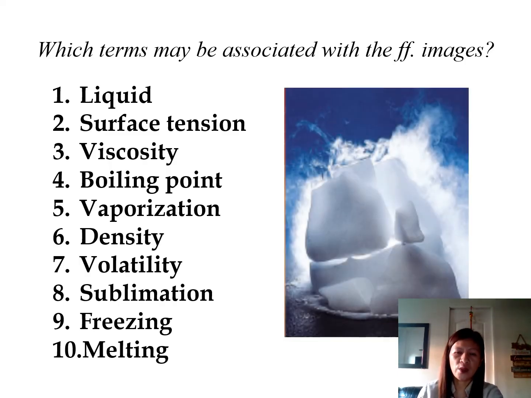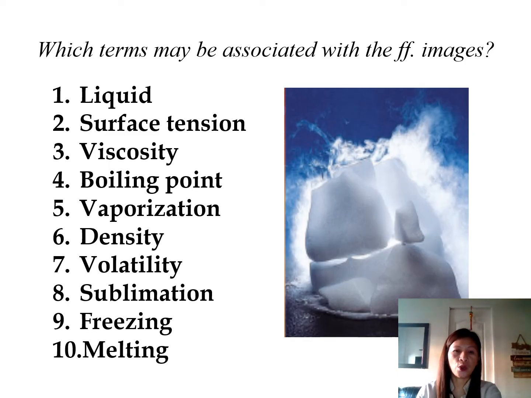Number 1, we have this picture. So which terms can be associated with the picture? So it can be liquid. Yes, we can also associate vaporization because you see formation of gas. We can also associate density because you have fluid and solid.